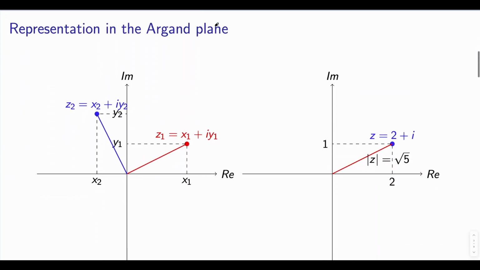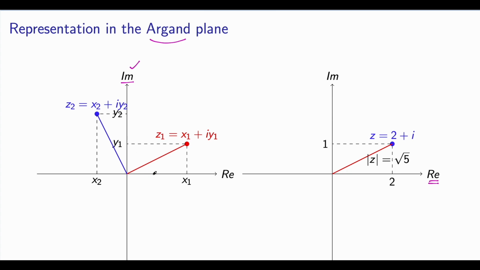So let us see how to represent in the Argand plane. In the Argand plane, we declare the y-axis as imaginary, denoted by Im, and the x-axis as real. You can take any point from the origin. This red one is z1 equal to x1 plus iy1, and the blue line denotes z2, another complex number.